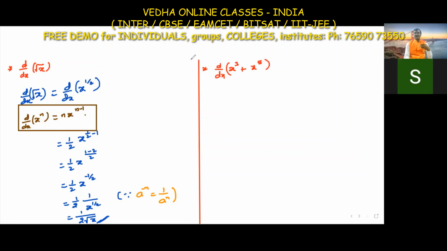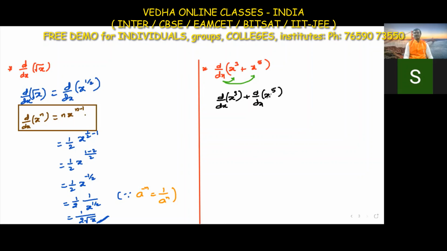Now the next question: d by dx of x cube plus x to the power 5. The first step is to separate the differentiation, that means d by dx of x cube plus d by dx of x to the power 5.